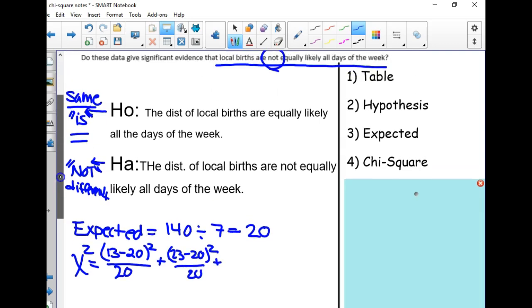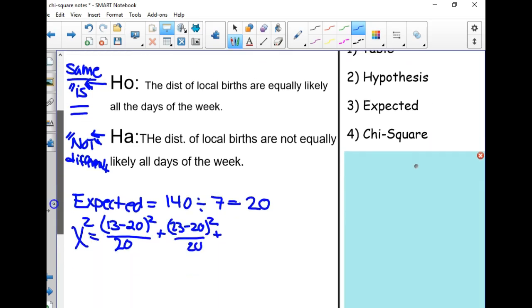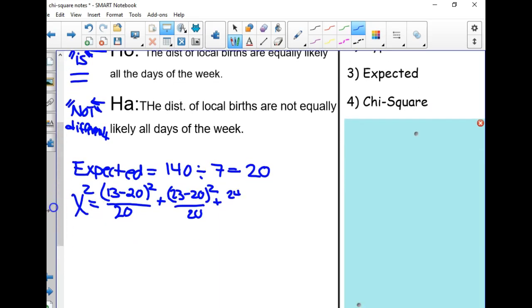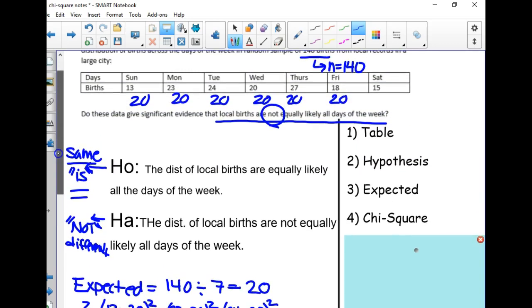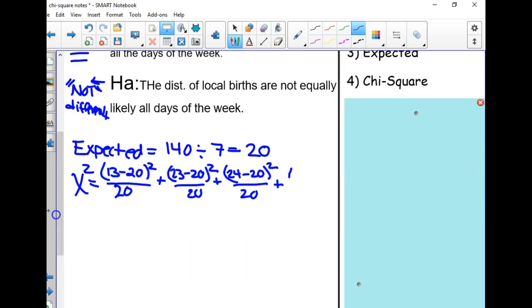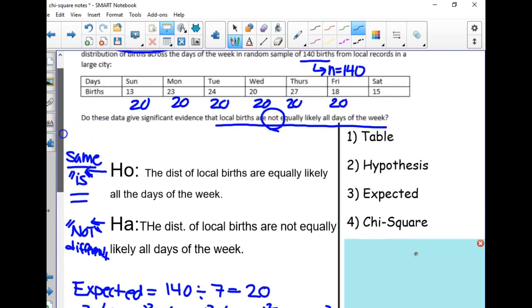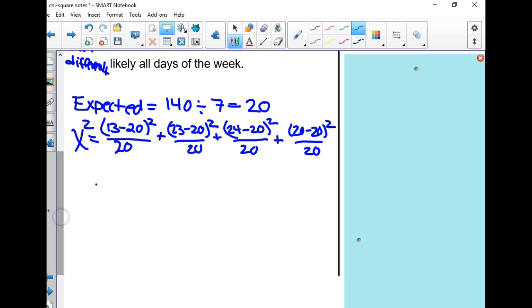Tuesday, the observed is 24 minus 20 squared divided by 20. Sunday, Monday, Tuesday, Wednesday, 20 minus 20 squared divided by 20. Thursday, 27 minus 20 squared divided by 20.